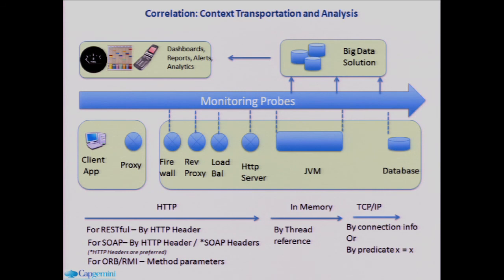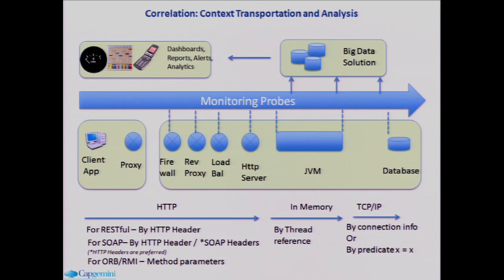So I favor HTTP headers personally. If you're still old school and use ORB or RMI type methods, you might have to go out of your way. You might have to overload your methods with these at a predefined position, or you can define your transfer object structures so that they inherit these properties from somewhere.